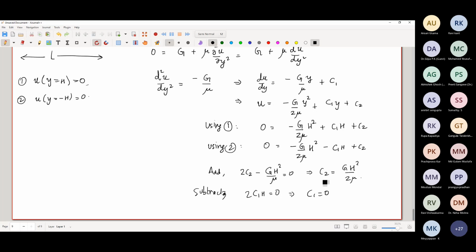So we now have an expression for the two constants. We have u is equal to minus Gy square over 2 mu plus c2, where c2 is Gh square over 2 mu. If I take Gh square over 2 mu common, I will have 1 minus y square over h square.